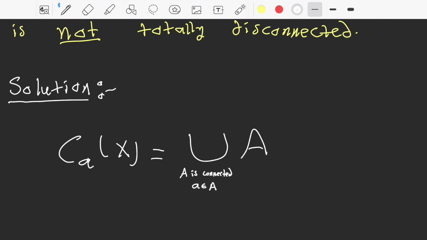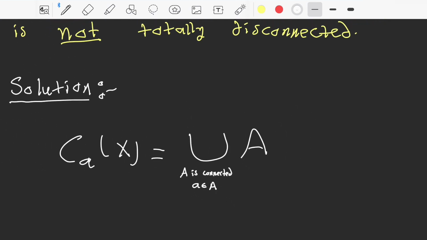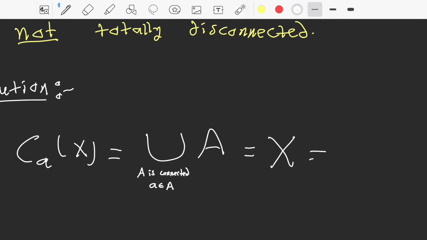So we take all the connected components. Now, as we said, in our space X, we have A, and we have another element which is B. So if we take the largest connected component, and this is the indiscrete space, so the only open sets are the empty set and X, of course this will be X, and of course this will never be the singleton A because X has more than one element.